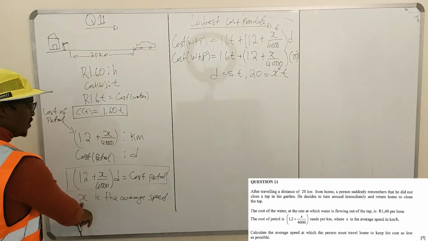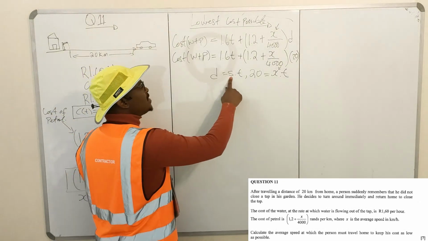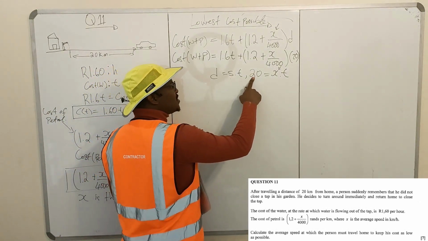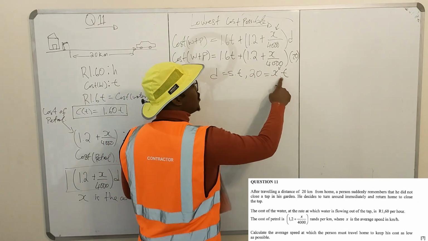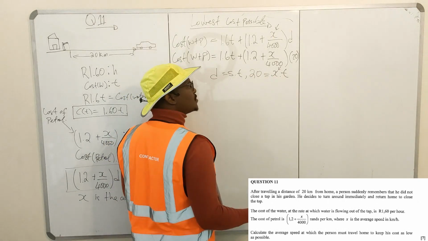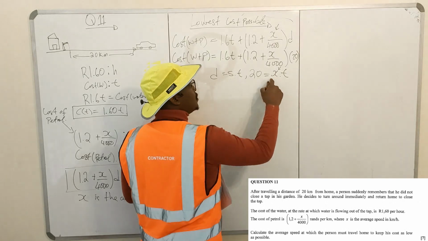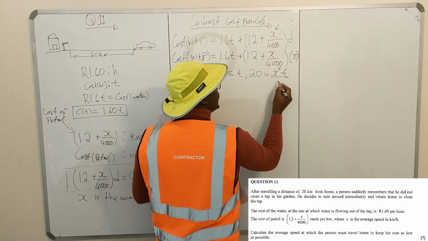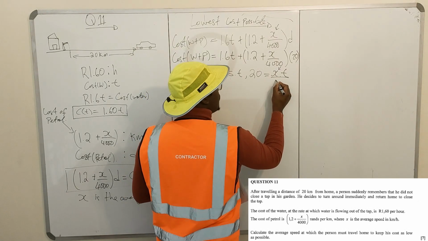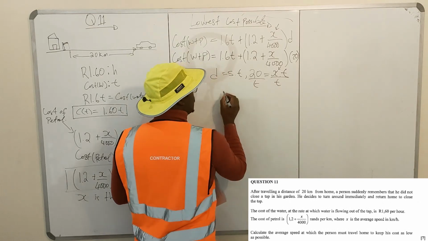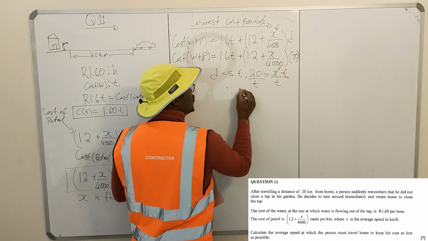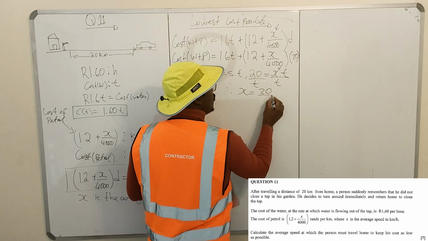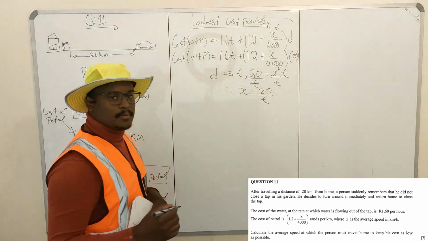So we have the distance, we have the speed, we have the time. So let's find the speed. Divide by t, divide by t. Therefore, your x is equal to 20 over t.